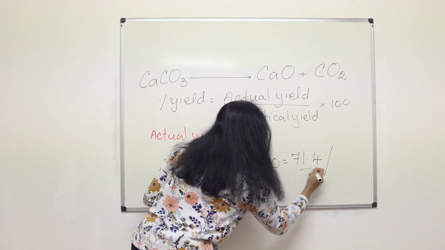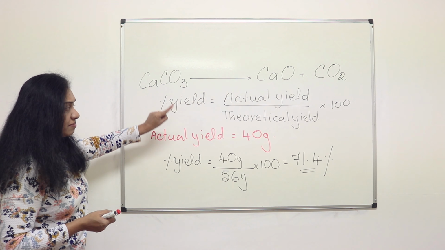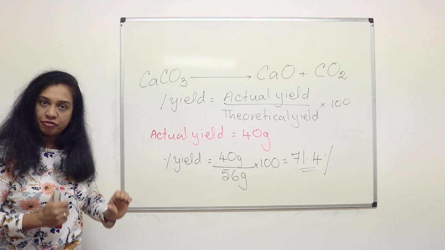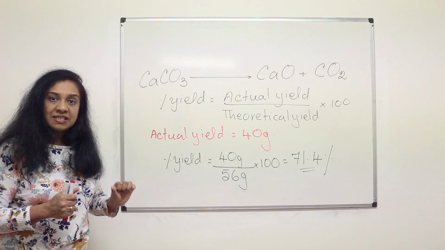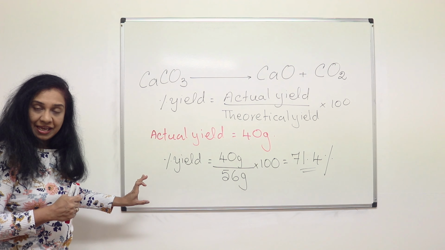So therefore, our percentage yield of calcium oxide is 71.4 percent.